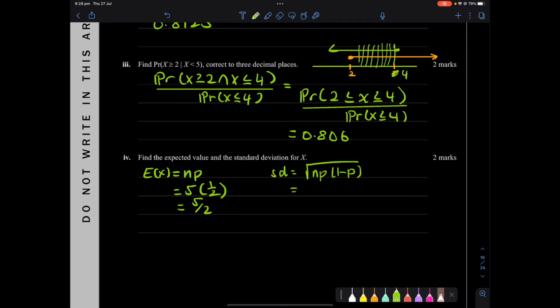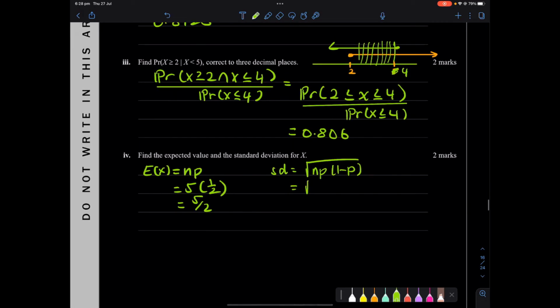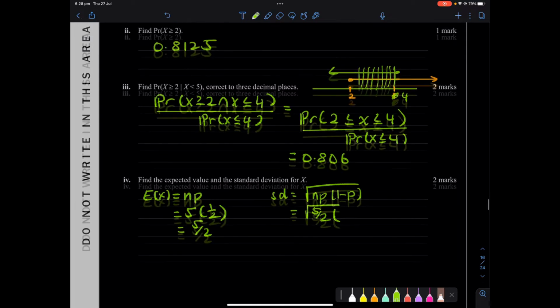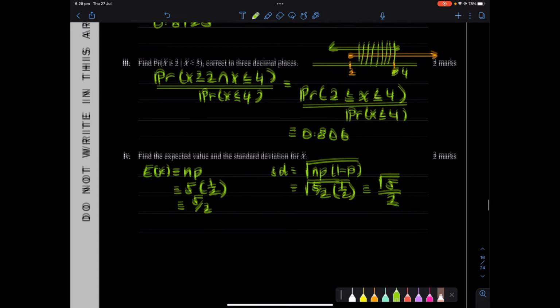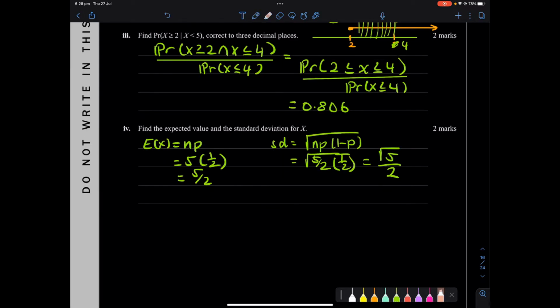So which is 5 over 2 times 1 minus p, which is half, which is root 5 over 2. Hope that's right. Okay, those are your answers for that.